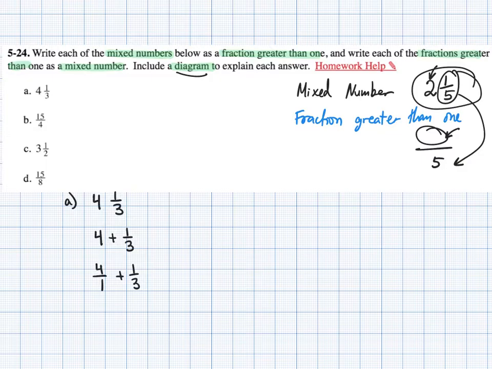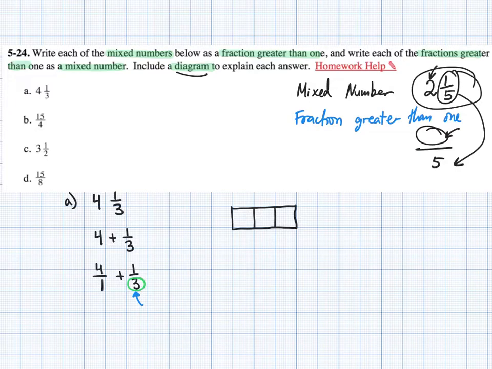And let's do the diagram. Now because I want to combine them, I'm looking at my part divided into 3s. So when I draw a whole number, I want to divide it into 3 pieces. So this bar is going to represent my one whole, and I divide it into 3 pieces.